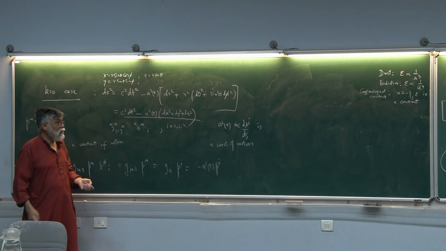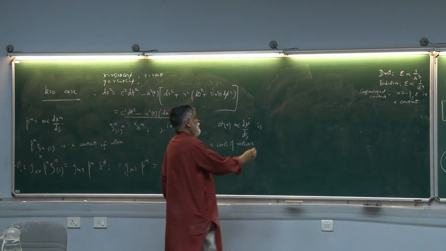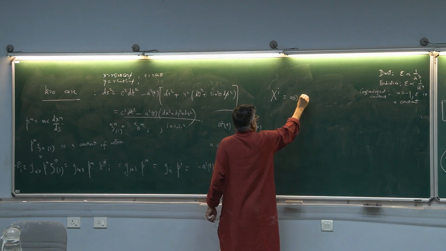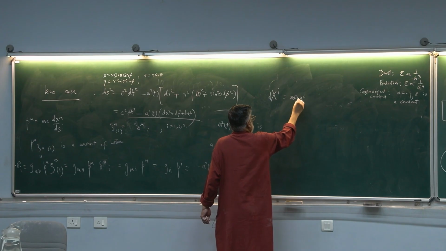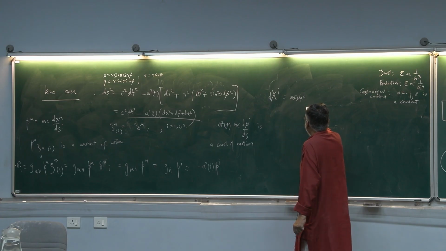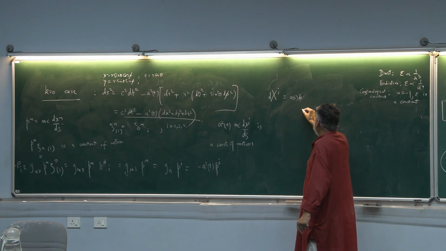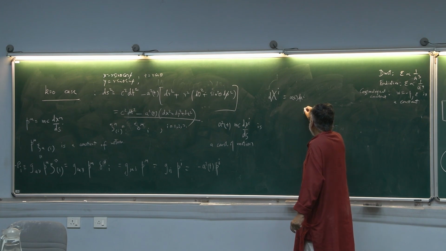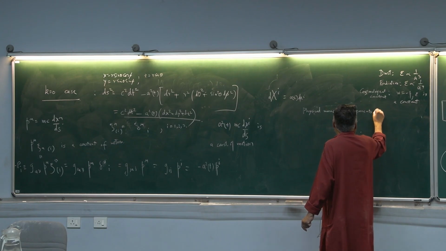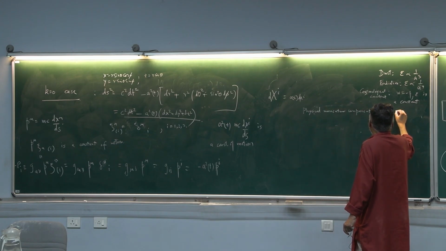So therefore, the Minkowskian coordinate system, if I call it capital Xi, is actually a of t xi. So d of capital Xi is a of t dxi, and therefore the Minkowskian, the actual physical momentum components are mc d capital Xi ds.